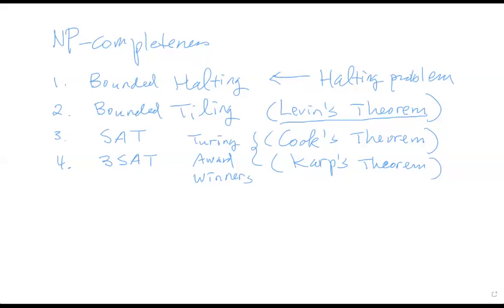Now he is at BU. So this is some of the history. Levin is at BU, Cook is at Toronto, and Karp is at Berkeley. They were the pioneers of NP completeness. So let's remember their contributions and their theorems we learned.